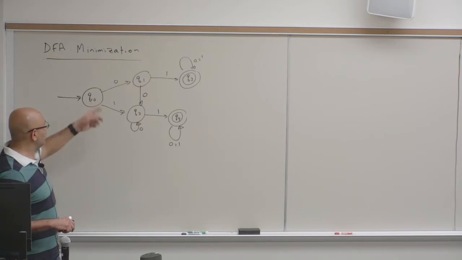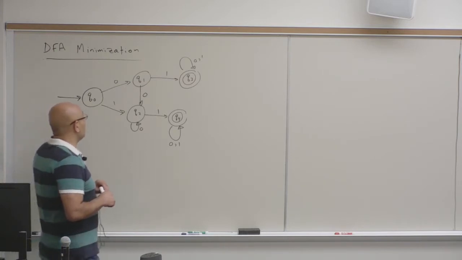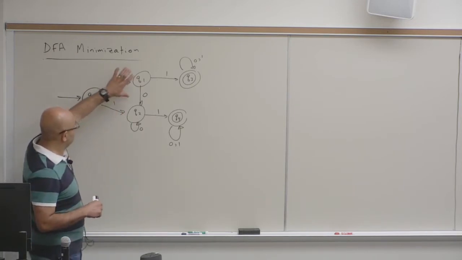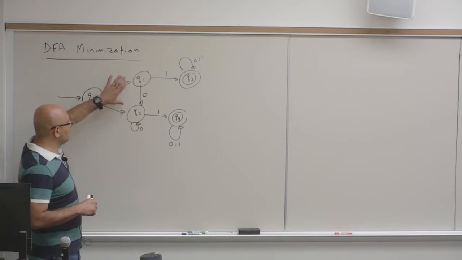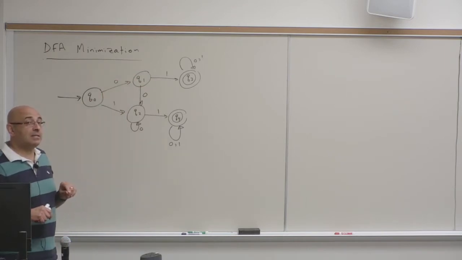Can you combine Q1 and Q2? Why not? Because they have a different requirement to get in. There are two ways of getting to Q1 or Q2, but once you get there, what happens afterwards is going to be the same.